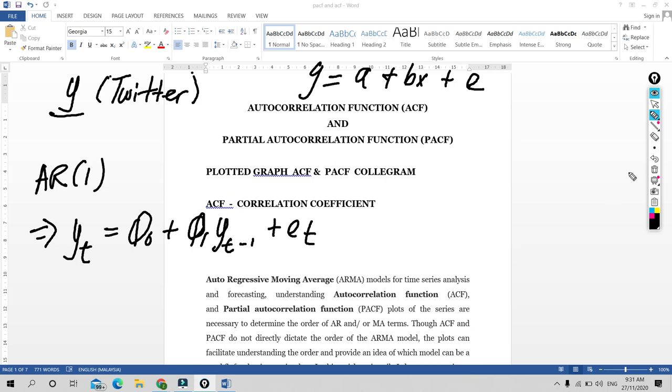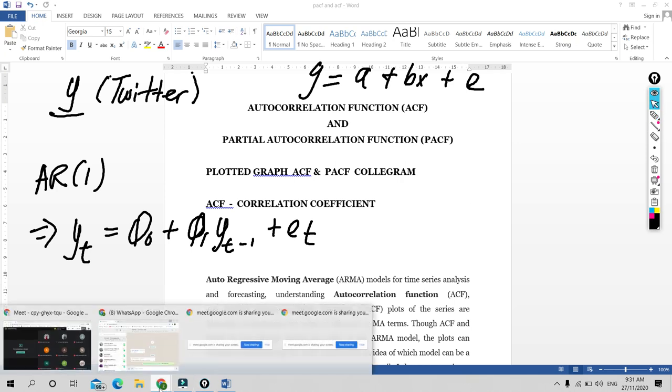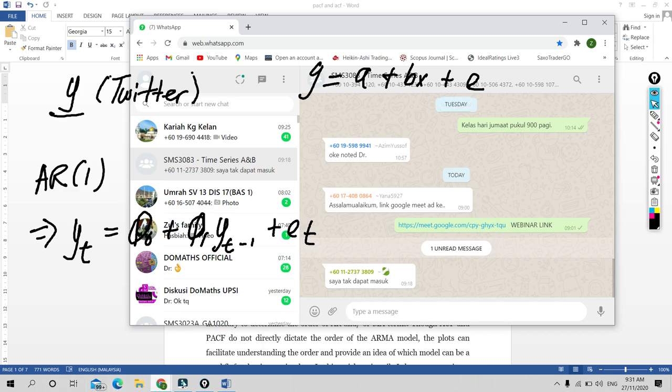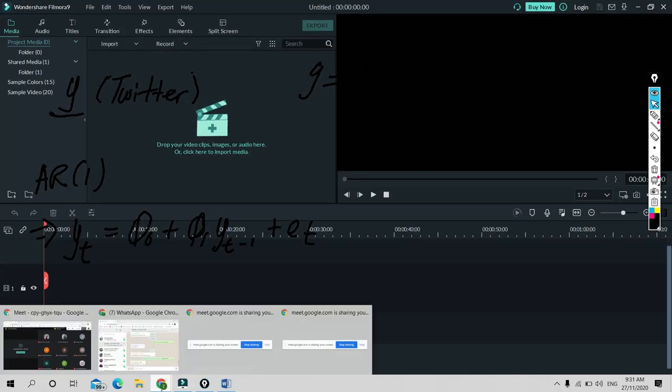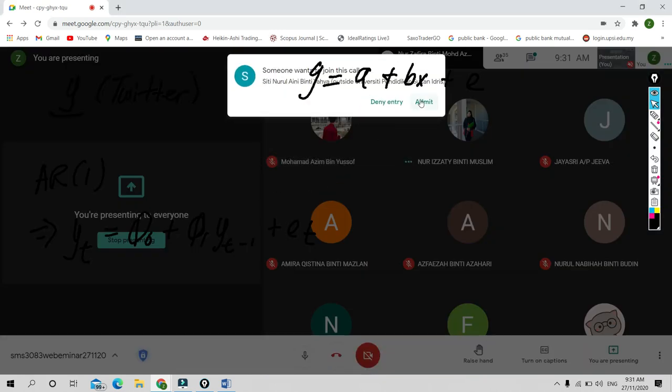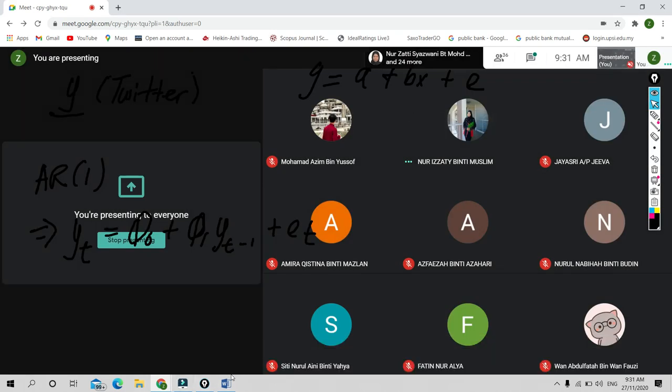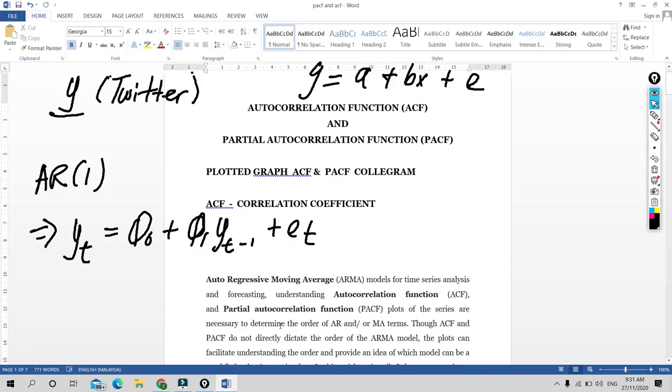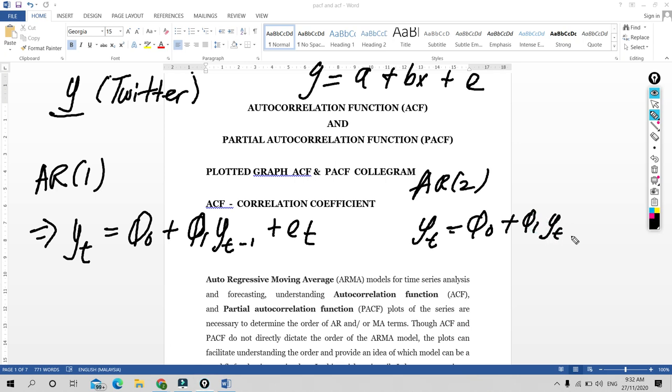Now for AR2 model. Macam ni tulis AR2. So AR2 sama dengan Y_t equal to phi_0 plus phi_1 Y_{t-1} plus phi_2 Y_{t-2} plus epsilon.